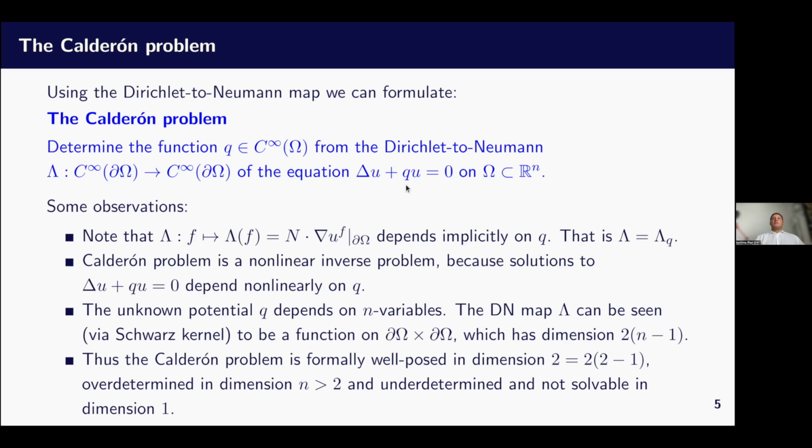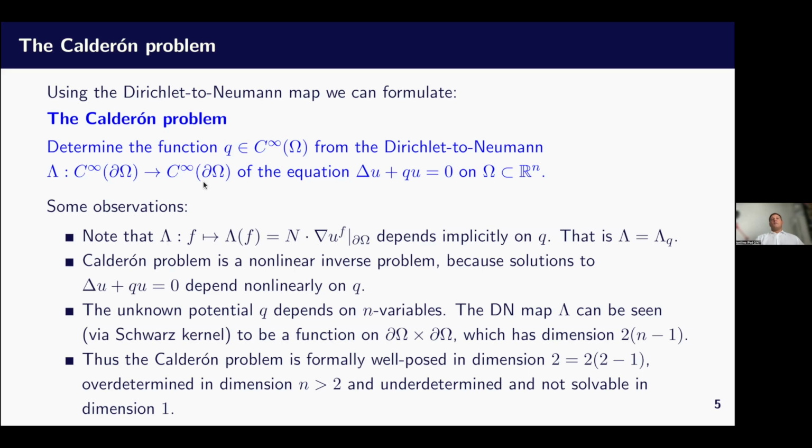Let's then try to make a little more sense of how well posed this problem is, and let's do some variable counting. The unknown potential q depends on n variables, since omega, recall, is a domain in Rn. The Dirichlet-Neumann map is a mapping from functions on the boundary to functions on the boundary.